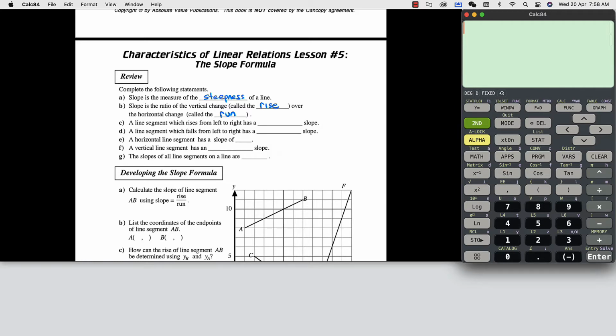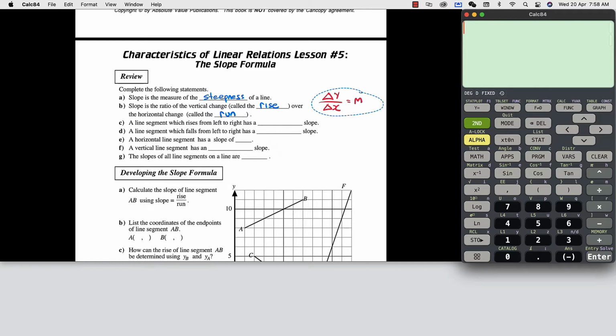And quite often with the vertical change we will say delta y, which means change in y, over delta x, which is change in x. And it's often identified with the symbol lowercase m.